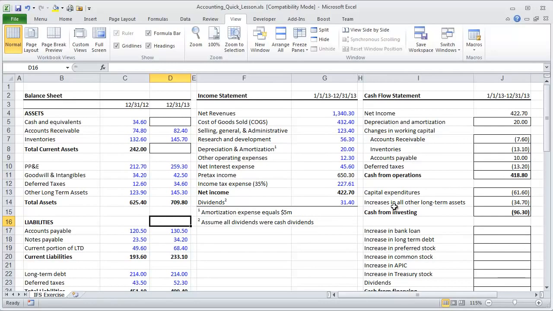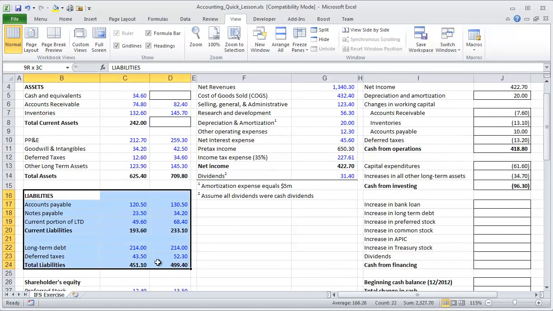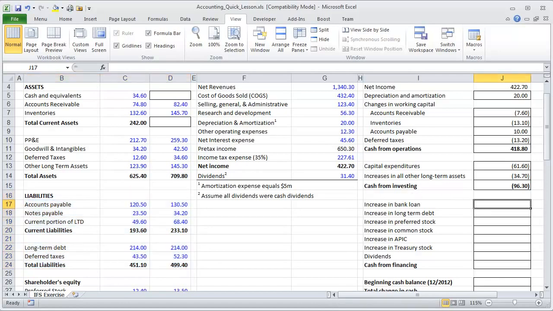And now, financing activities tend to be liabilities and equity items. And so we're going to start going through the liability and the equity side of the balance sheet as we try to understand what's happened to cash from a financing perspective. So increases in borrowing is the first thing we need to look at.